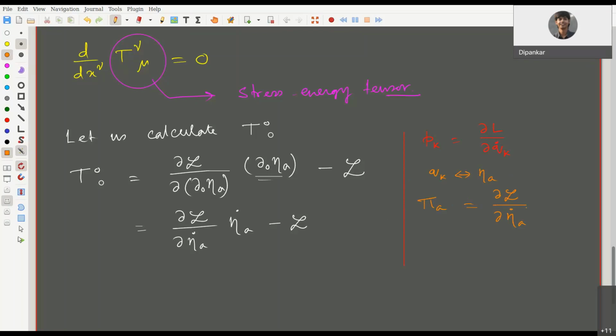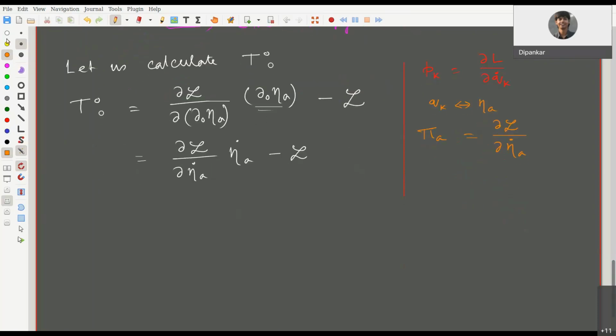Because it comes from a Lagrangian density, it becomes my momentum density. So then this T00 thing becomes pi A times eta A dot minus L. Remember, summation convention has been applied here, so this sum over A is there.